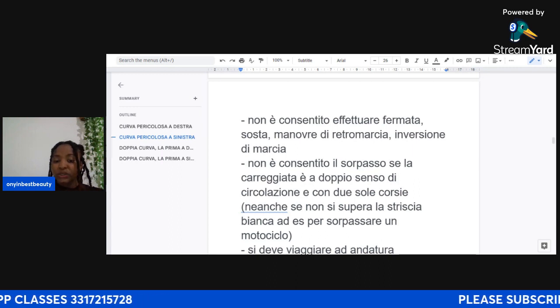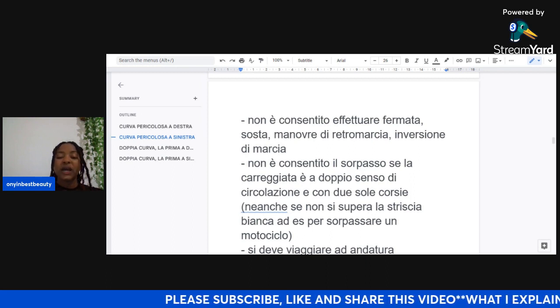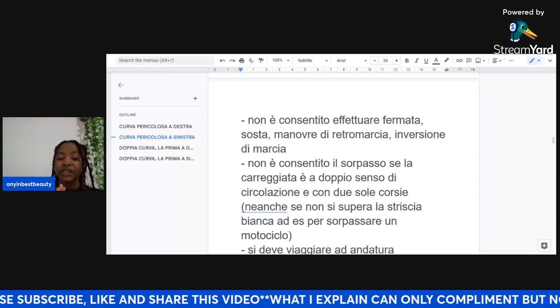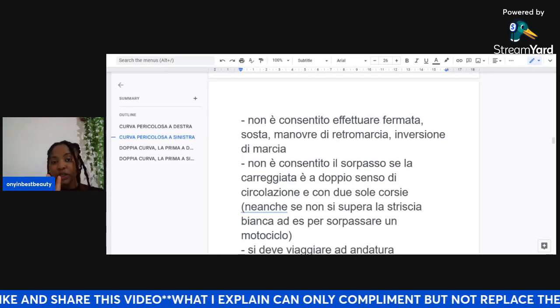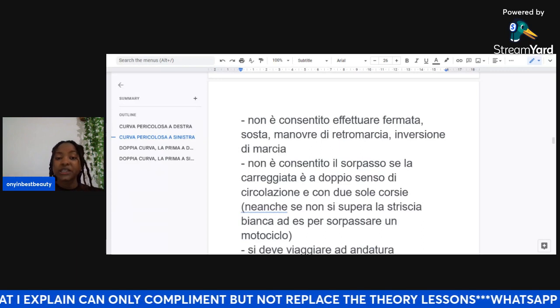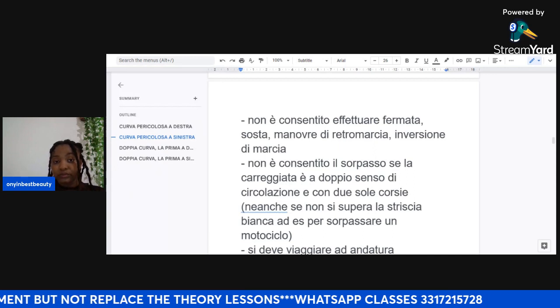Non è consentito il sorpasso se la carreggiata è a doppio senso di circolazione e con due sole corsie. Now, if you do sorpasso, you are not allowed to do overtaking. If this carriageway has only 2 lanes, one for those who are going and the other for those who are coming, meaning it's only 2, you can't do overtaking on that kind of road.